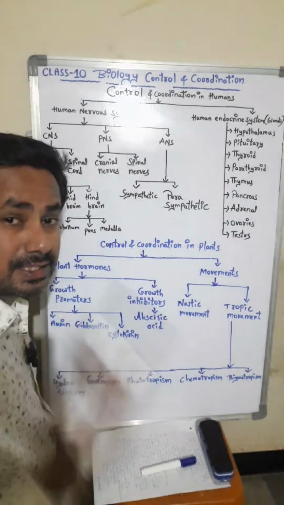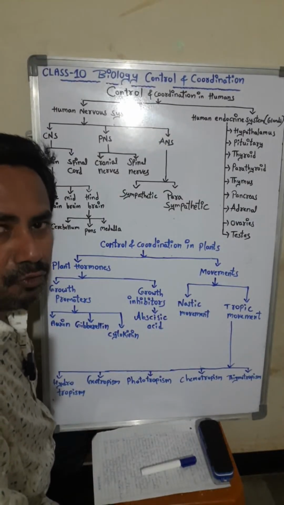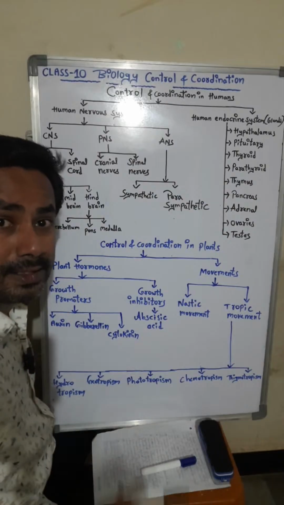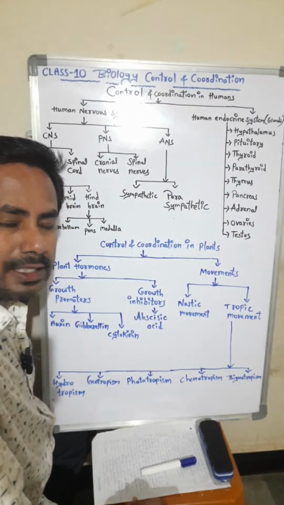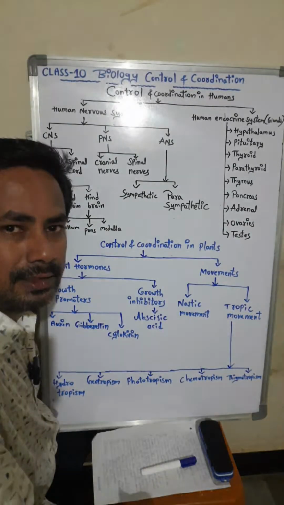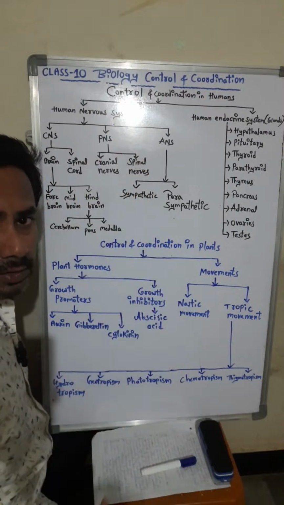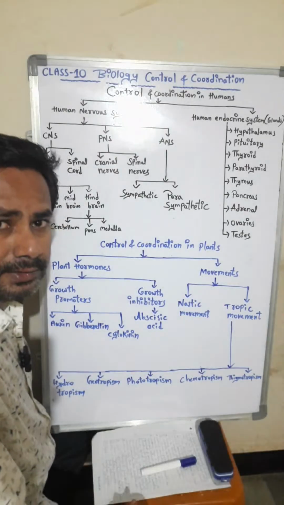They also release some hormones, secretions, chemical substances, very helpful for them. And the second one is movements. Plants show movements. We have one doubt: plants are not moving, so how is there movement? Growth is there. That is the movement. Will you agree with this?